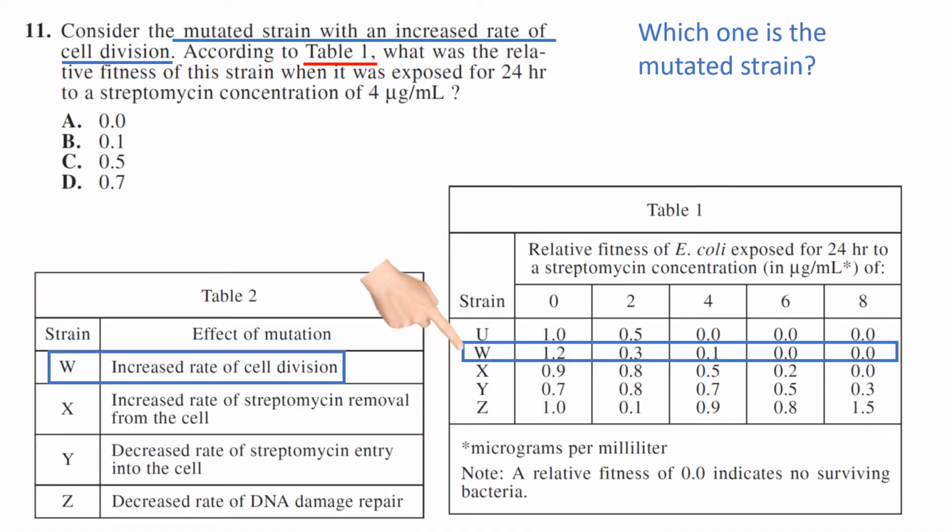What was the relative fitness of this strain when it was exposed for 24 hours to a streptomycin concentration of 4? So 4, we're right here. So strain W, which is the increased rate of cell division strain, at a concentration of 4 is 0.1. So your answer is B. Just a question where you have to really put a lot of different components together in order to answer this question.